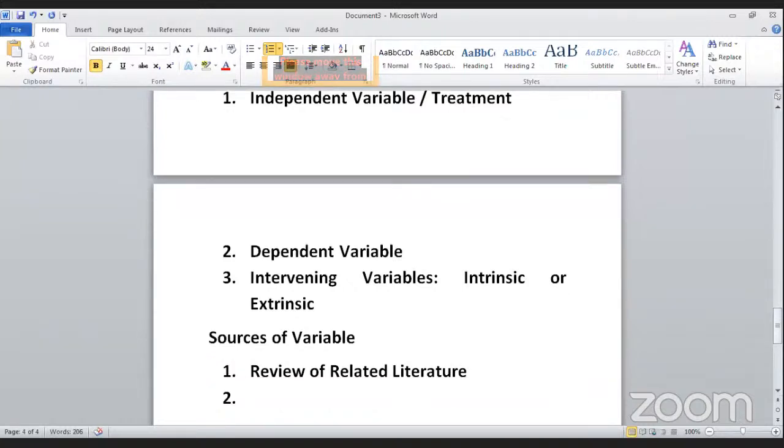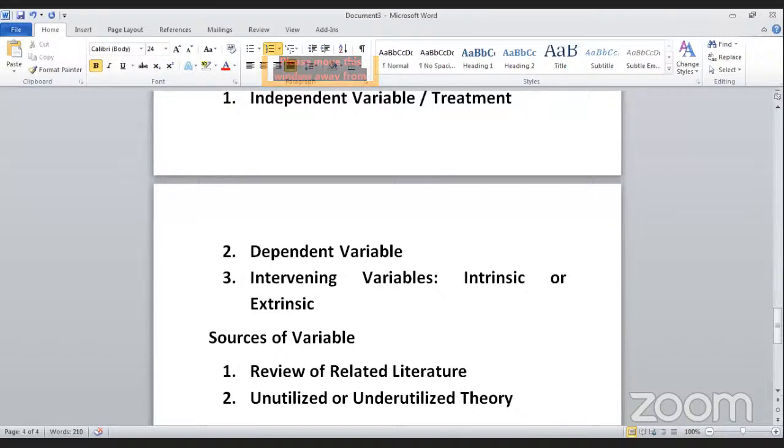Another source of the variable is theory, and this will be unutilized or underutilized theories.